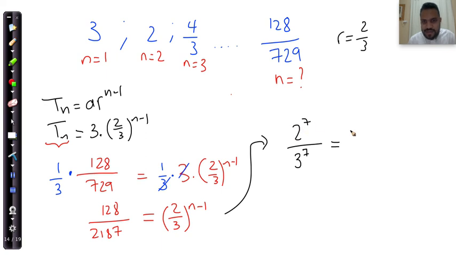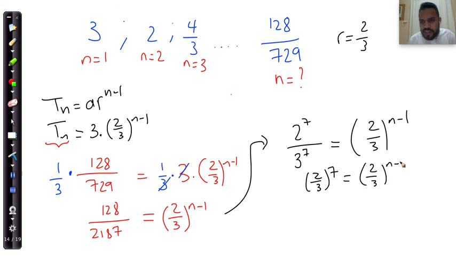And then that is equal to 2 over 3 to the power of n minus 1. At this point, you can simply say that that is 2 over 3 to the power of 7, because you can just put this in a bracket using your exponent laws, and we've got 2 over 3 over here to the power of n minus 1. Therefore, we can drop the bases now at this point, right?